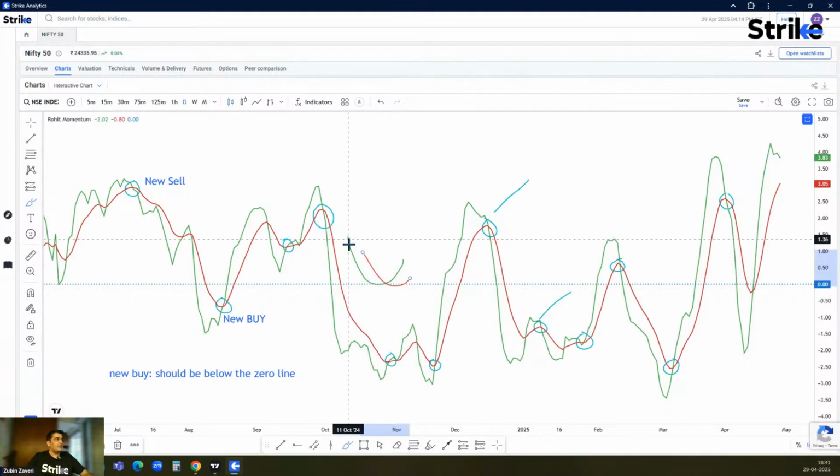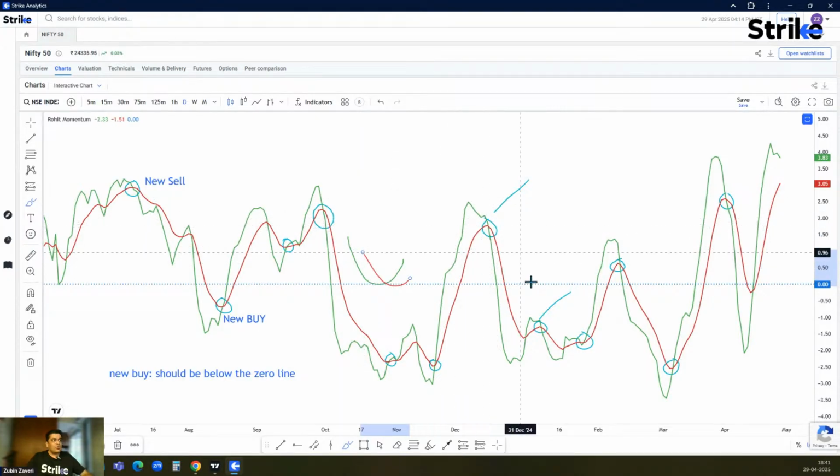If something like this happens, the RMI line comes down, touches the zero line and then gives a new buy signal, this is also treated as an effective signal. But over here, when you see that the green line comes down, does not touch the zero line and then gives a new buy signal, this may not be as effective as these ones. I hope you have understood this.